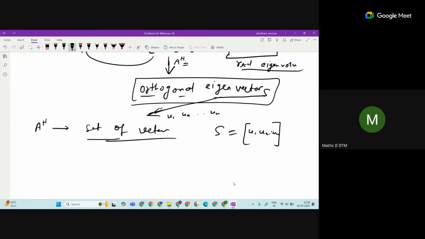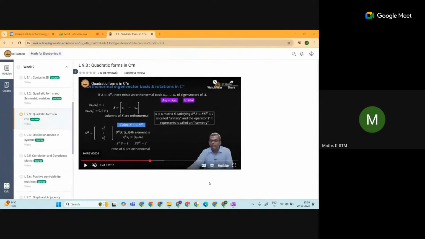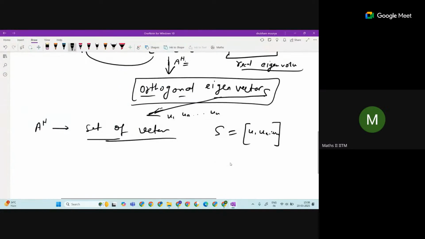This matrix is orthogonal. I think the professor divided by the norm, so he is using the word orthonormal. If the eigenvectors we got are not orthonormal, we can divide by the norm, so they become orthonormal.